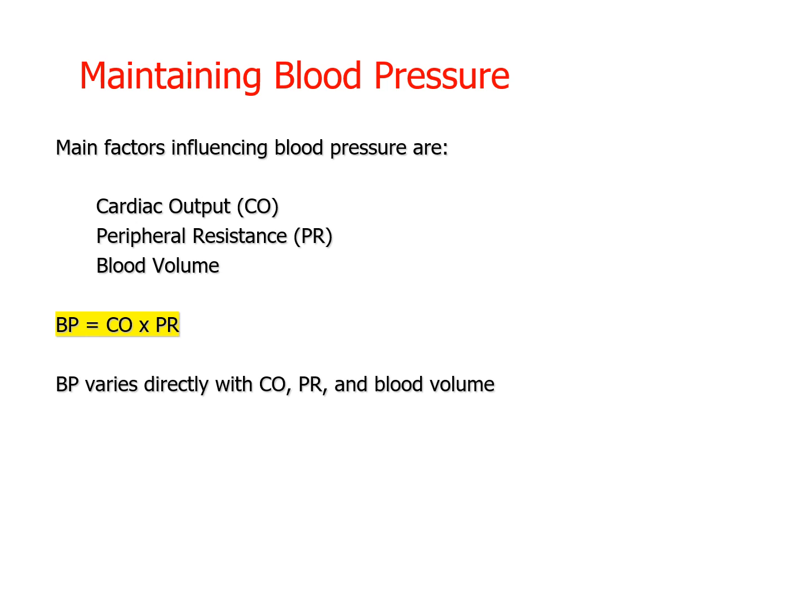Overall maintenance of the blood pressure, the main factors are the cardiac output, the peripheral resistance, and overall the blood volume, the overall volume of fluid in the system itself. All right, now we already know, or you should remember, that cardiac output is equal to heart rate times stroke volume.